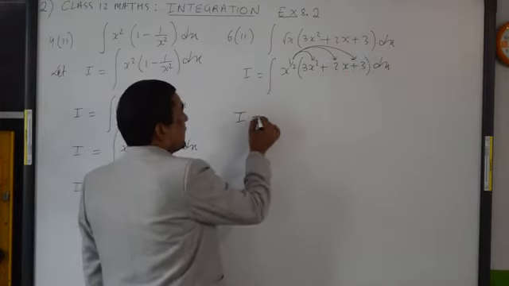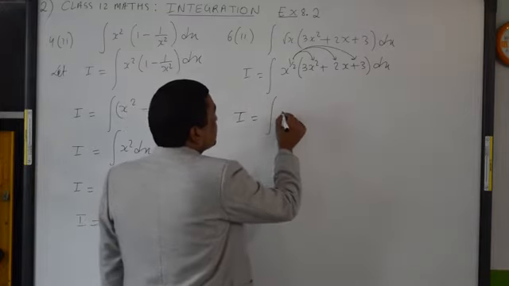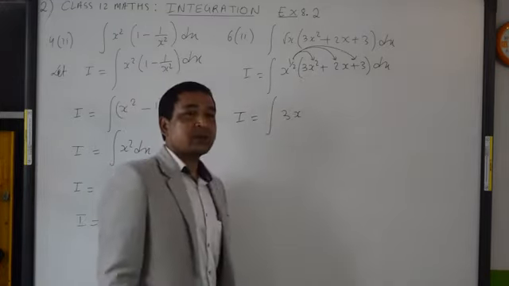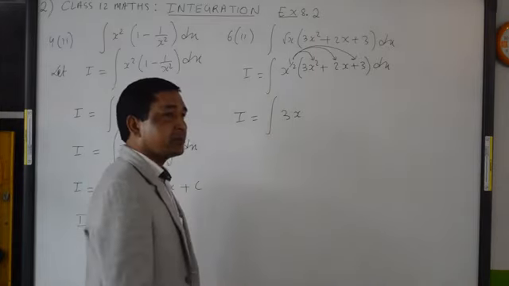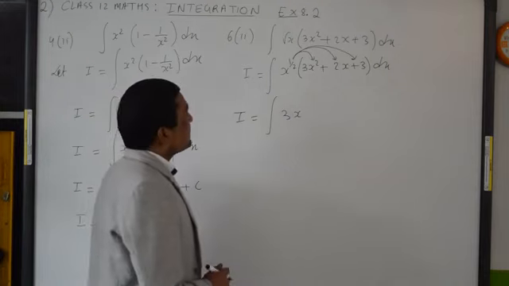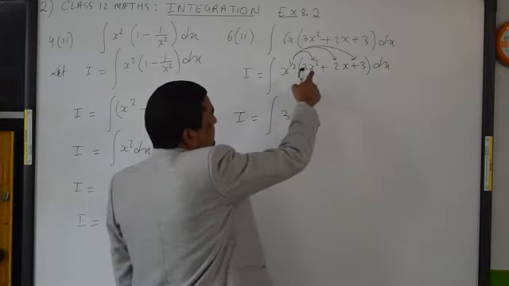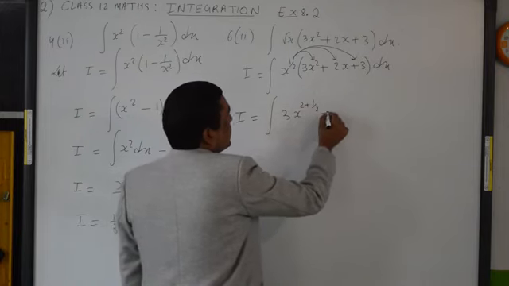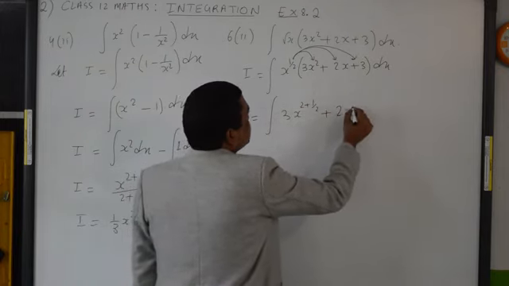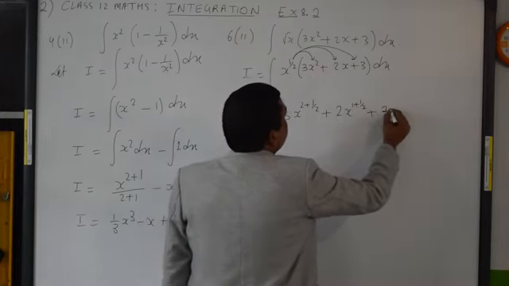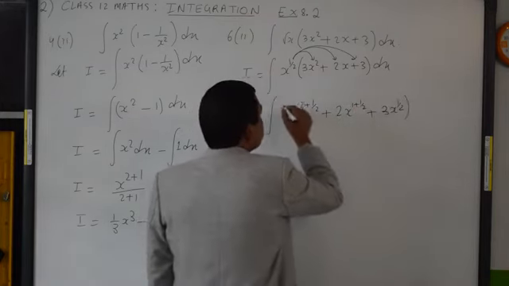Now I equals 3x to the power 2 plus half. If the bases are the same, as you already learned in lower classes, you just need to add the powers during multiplication. Then plus 2x to the power 1 plus half, then plus 3x to the power half, bracket close, dx.